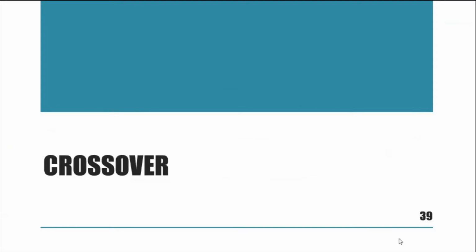The crossover is the procedure by which new chromosomes or new individuals are generated using two or more parent chromosomes. In most cases only two chromosomes are used, but in some special crossover operators, they use more than two chromosomes or individuals.